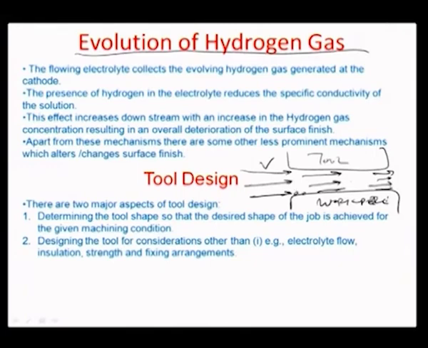Let us say hydrogen emanates as bubbles into this electrolyte; the local concentration of hydrogen in the electrolyte increases, because of which there is a change in conductivity. The hydrogen concentration may be lesser here, but by the time this goes ahead and the hydrogen gets carried away, more and more hydrogen packs into this electrolyte. So, hydrogen concentration is greater here, there is a density gradient created for the gas which is dissolved, and therefore the conductivity is varied even across the length of the workpiece.